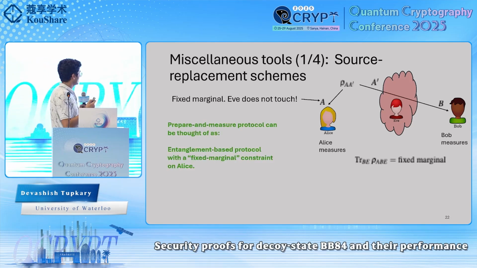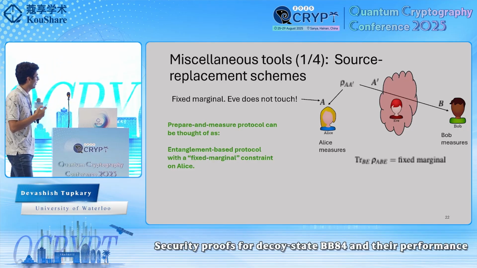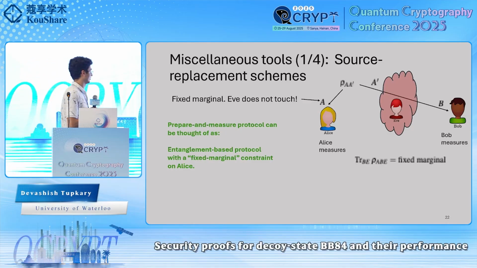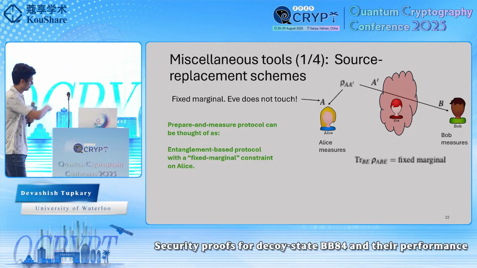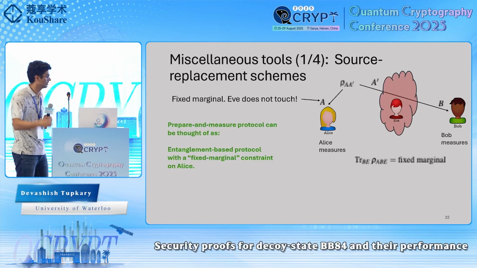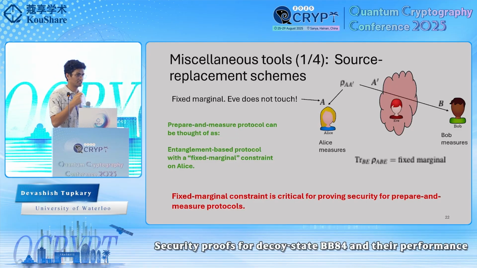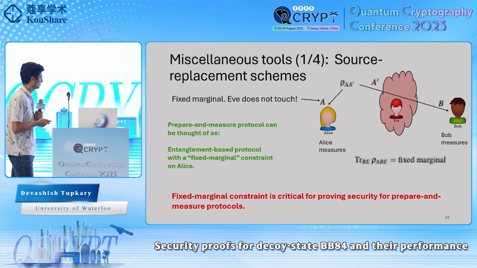Which means that prepare and measure protocols can be thought of as entanglement-based protocols, but with this kind of promise that Alice's part of the state is going to be fixed in law. Right? So this can be called the fixed marginal constraint or the fixed marginal promise, and it's actually quite important, and it ends up showing up in many proof techniques for prepare and measure QKD.